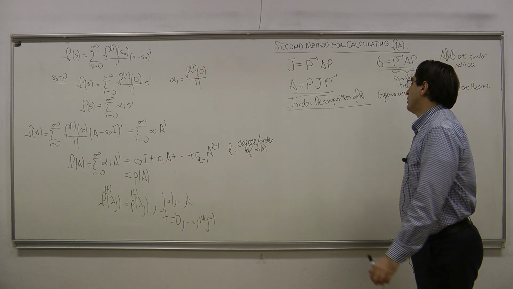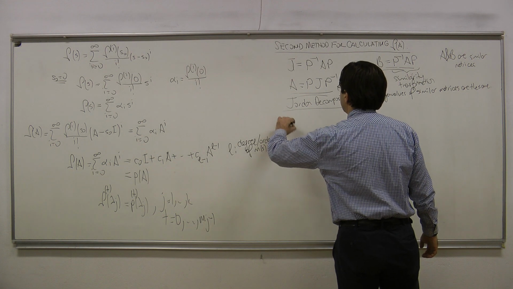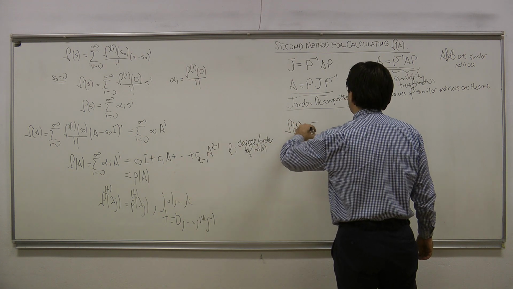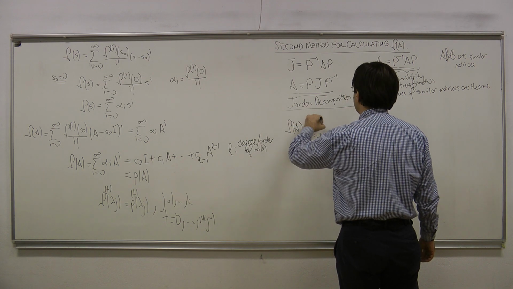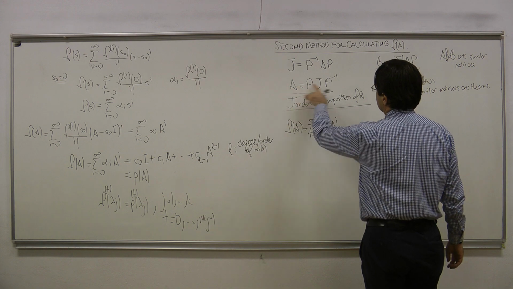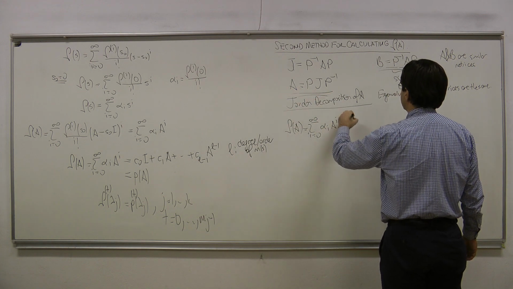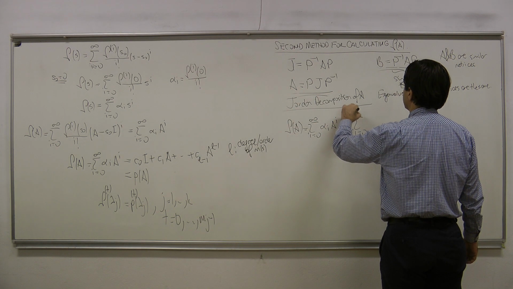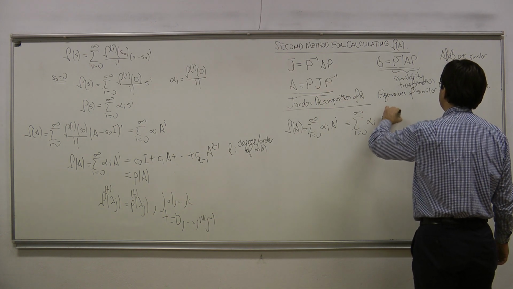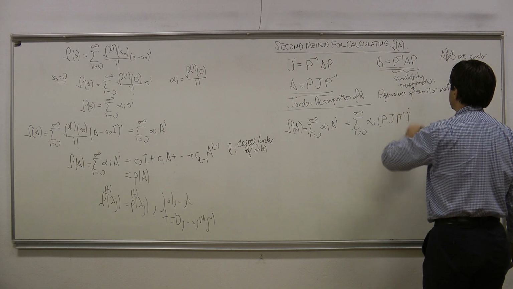Okay? So here let us look at this f of A. So f of A is given by that formula, sum over i from 0 to infinity of alpha i, A to the i. And now I use this decomposition in this formula. So sum over i from 0 to infinity, alpha i, and P J P inverse to the power i.